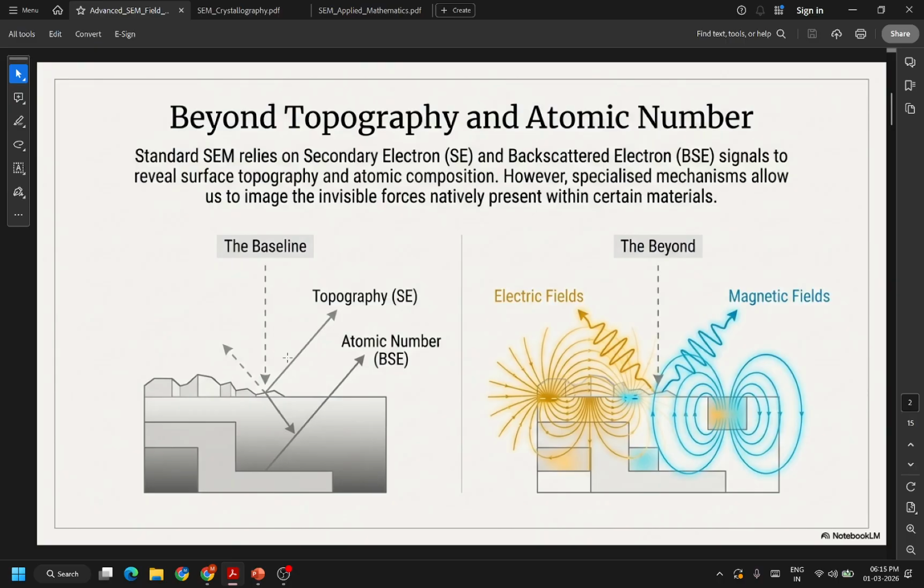Typically SEM is used to see the surface topography and atomic number contrast. Secondary electrons are used for surface topography, and backscattered electrons are used for contrast based on elemental contrast. But other than that, you can also use it to image electrical and magnetic fields.